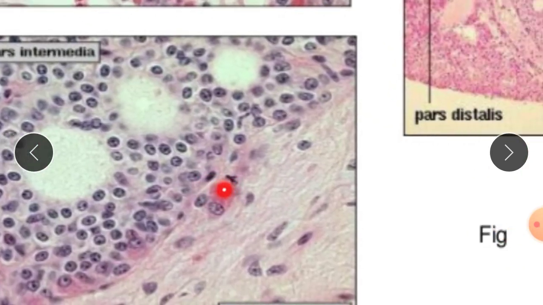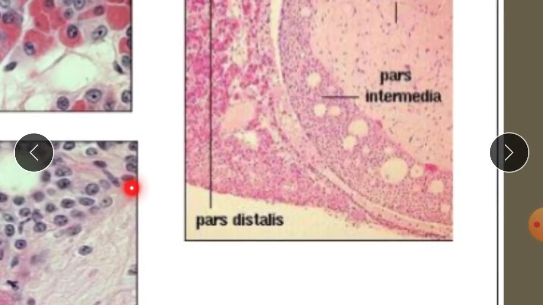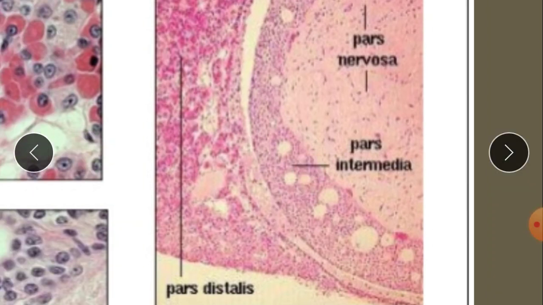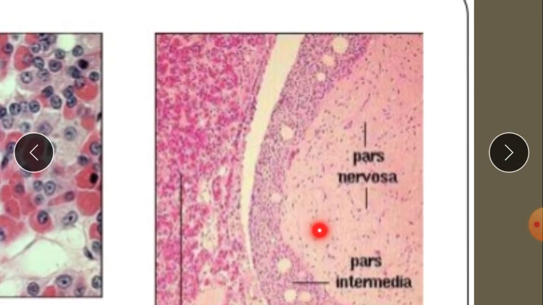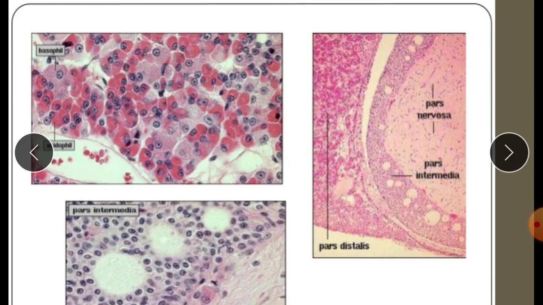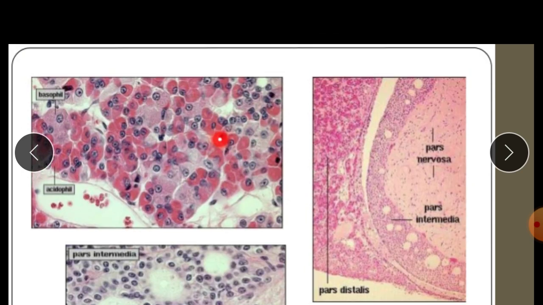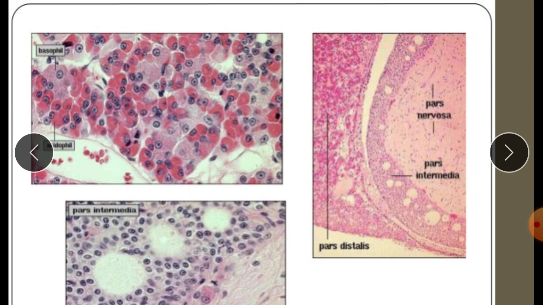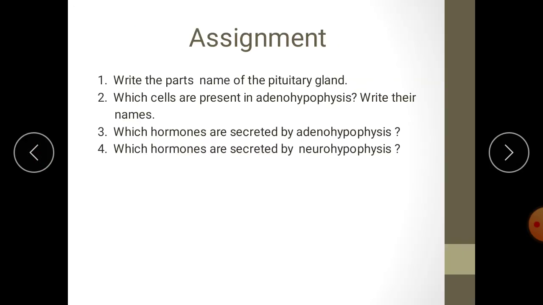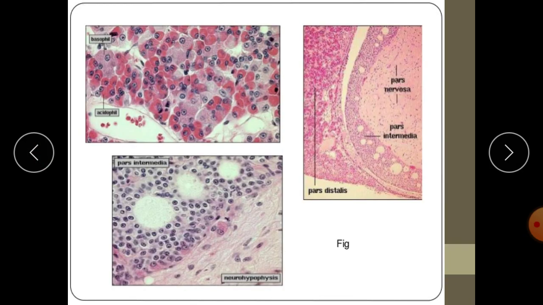Pars intermedia, pars distalis, pars nervosa. So that's about the histology of the pituitary gland.